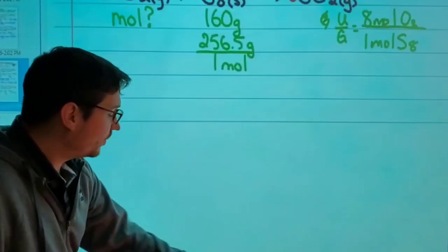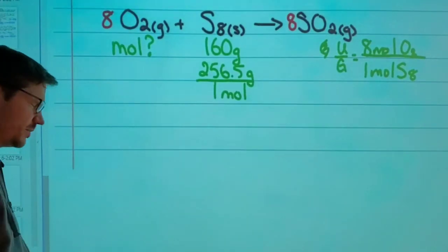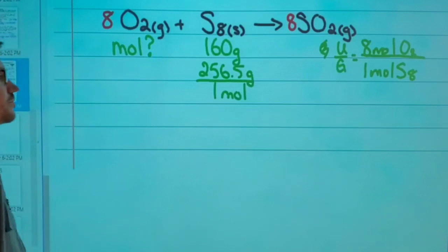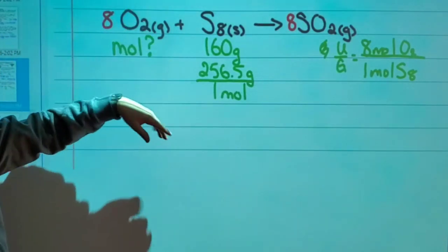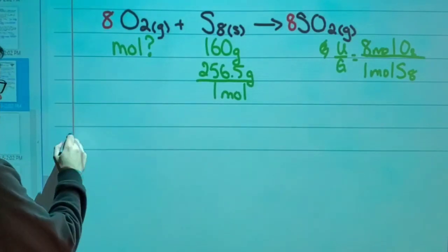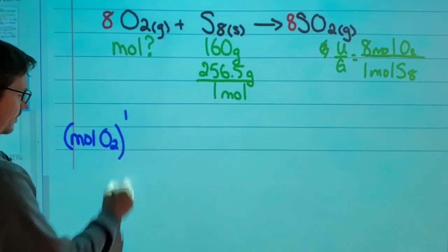So that's all we need in order to do our unit analysis. So let's go ahead and do our unit analysis. What are we looking for? I'm not even going to read the question. I know what I'm looking for. We're looking for moles of oxygen.